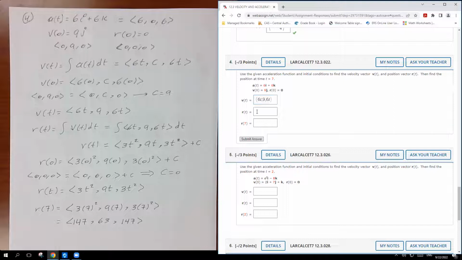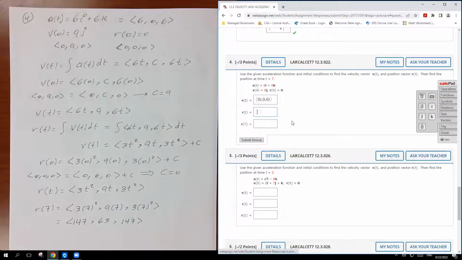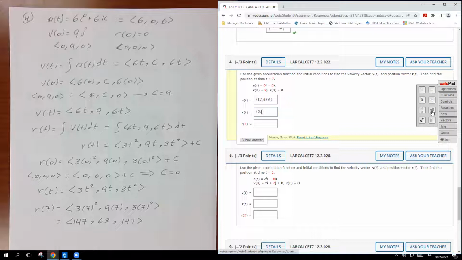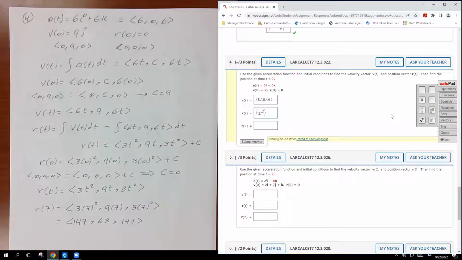And r of t, the position vector, is going to be 3t squared, comma, 90, comma, and also 3t squared.